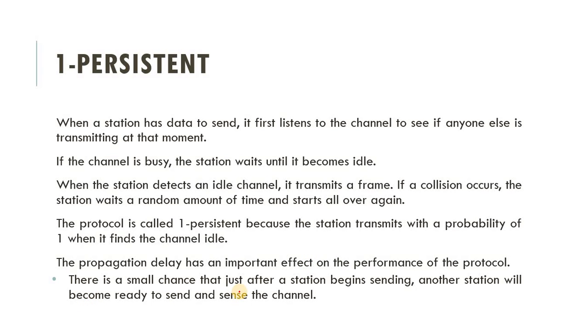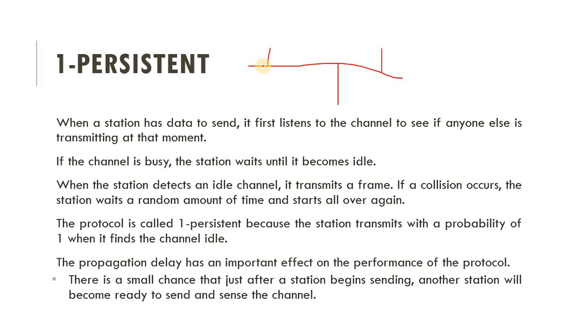There is a small chance that just after a station begins sending, another station will become ready to send and sense the channel. So as I said, suppose this is a channel, and in this channel multiple nodes are connected.